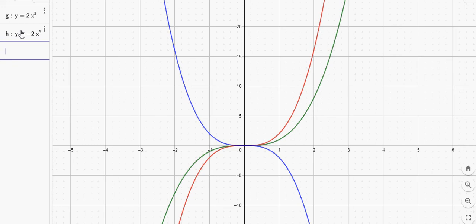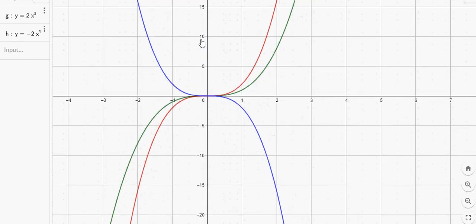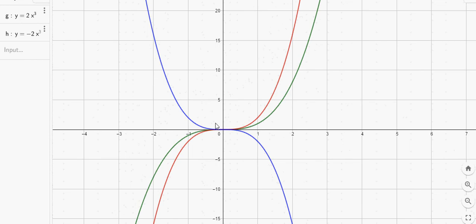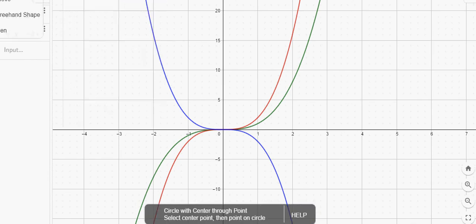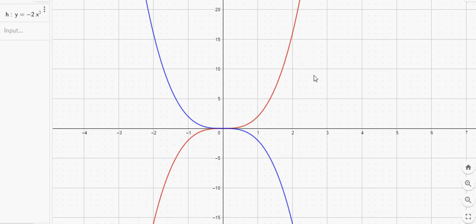Would you agree with that? It's a mirror image in the x and in the y. The red one got reflected onto the blue one. Is everybody cool with that? You cool?